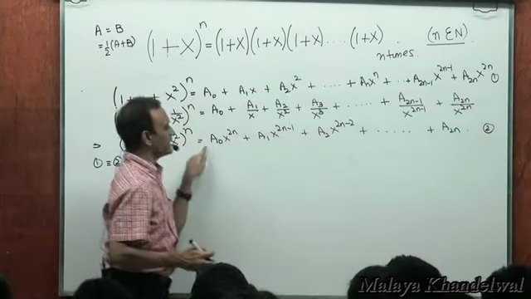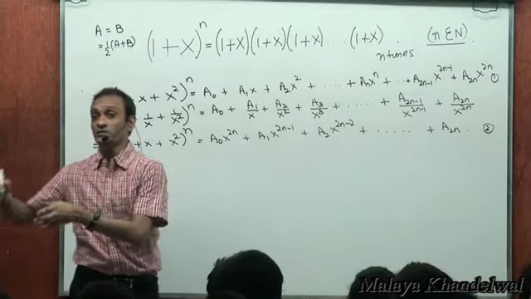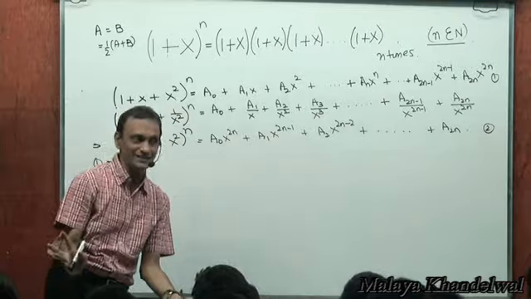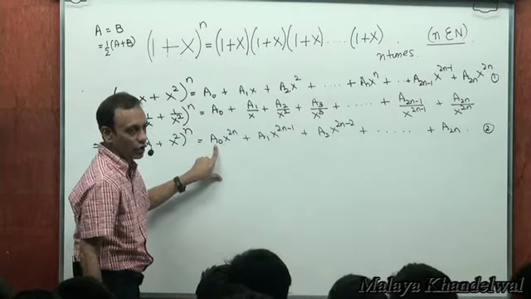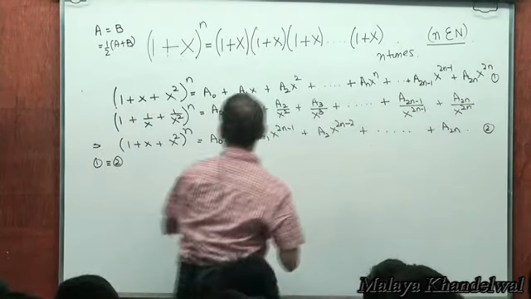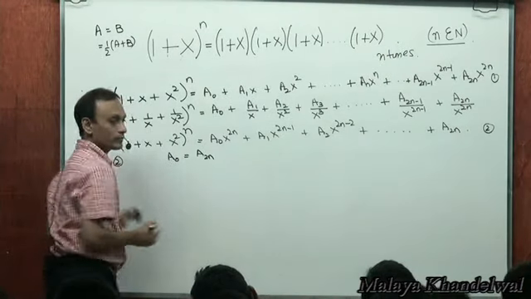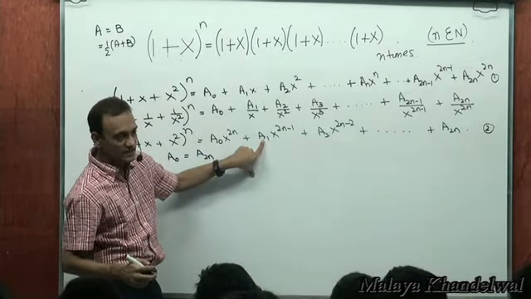this expression rendered identical to this expression, then coefficient of x power r on one side must be equal to coefficient of x power r on the other side, right? What's the coefficient of x power 2n on this side? A naught. What's the coefficient of x power 2n on this side? A2n. A naught is A2n. Coefficient of x power 2n minus 1 on this side is A1.